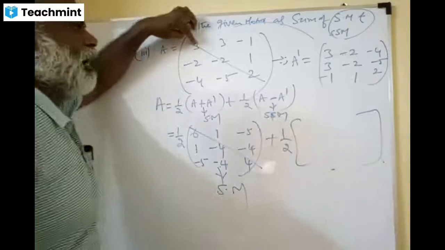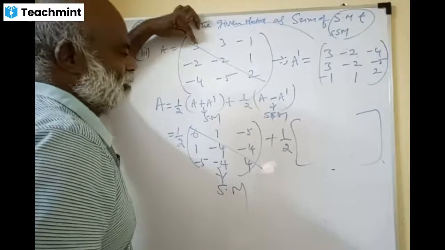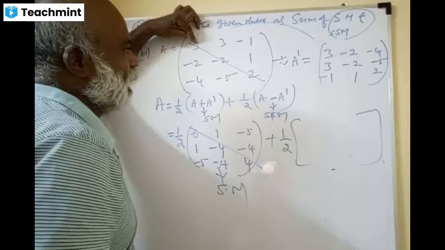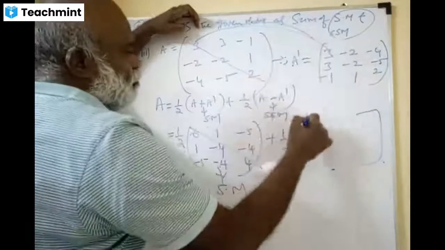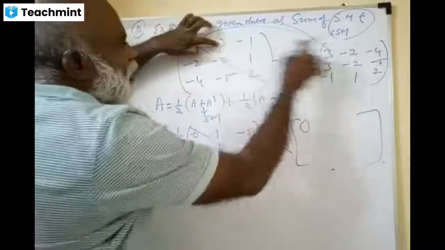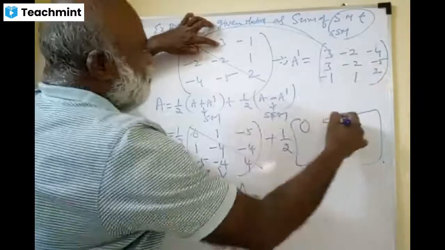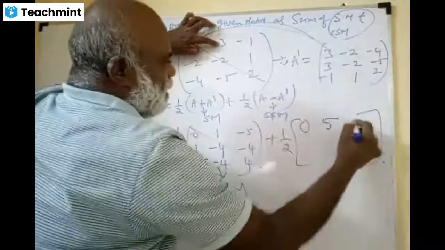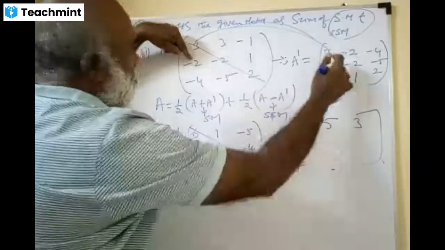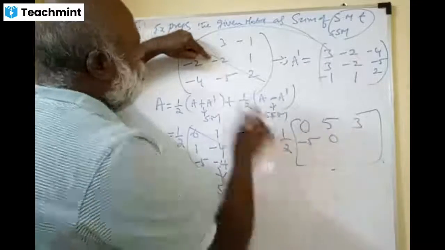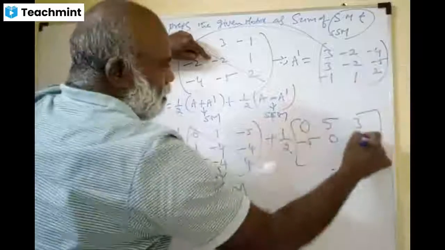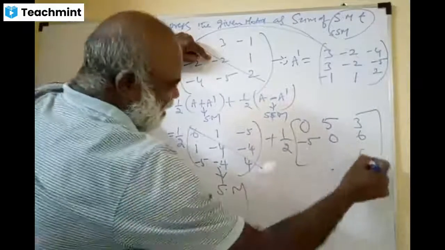Tell me, what is A minus A dash? First element 0. 5 plus 3 is 6, and this is also 0.